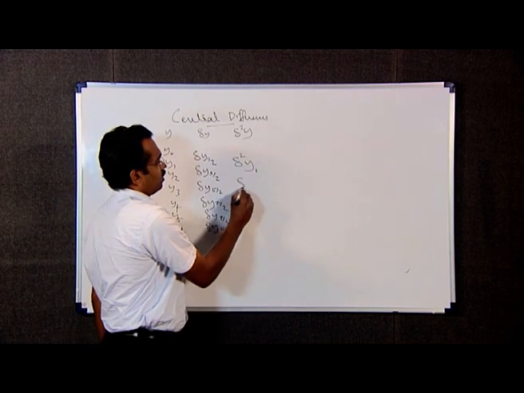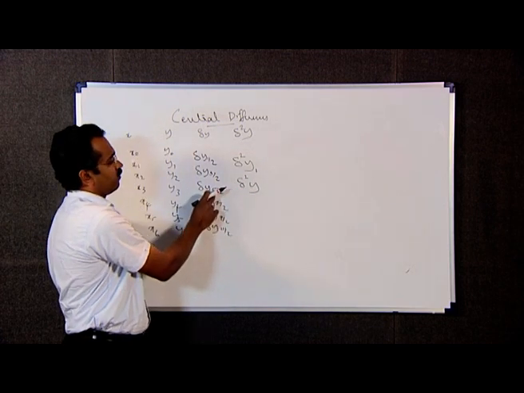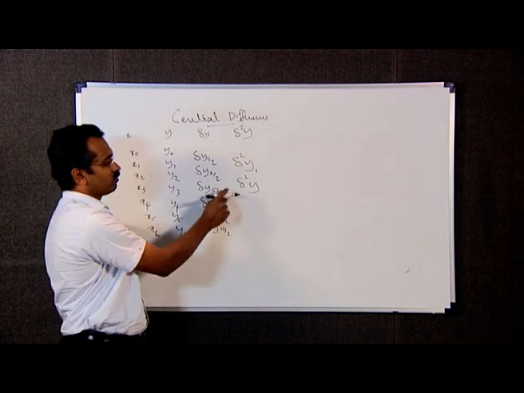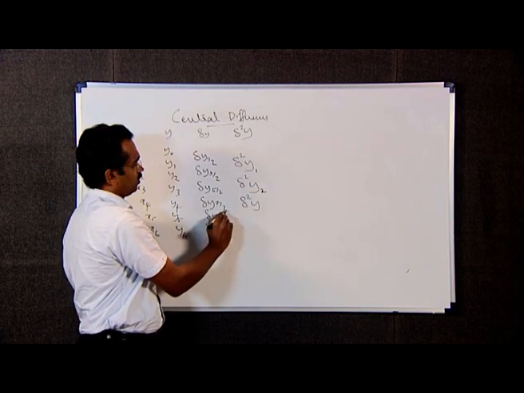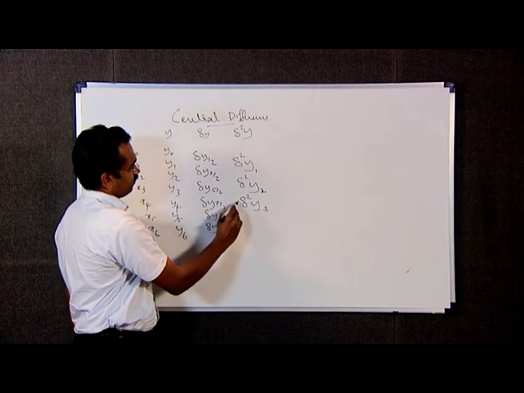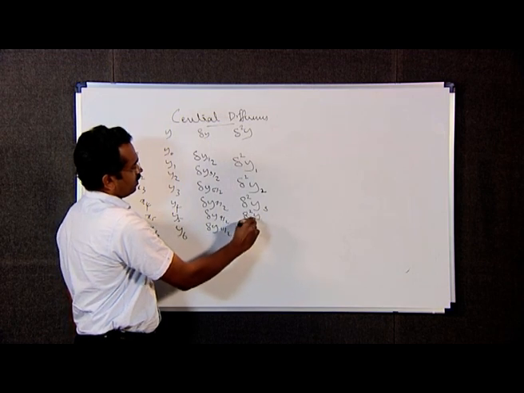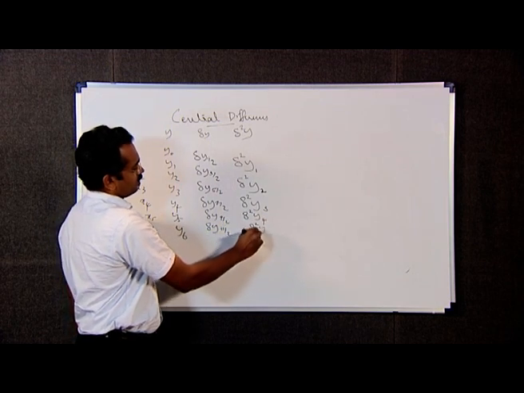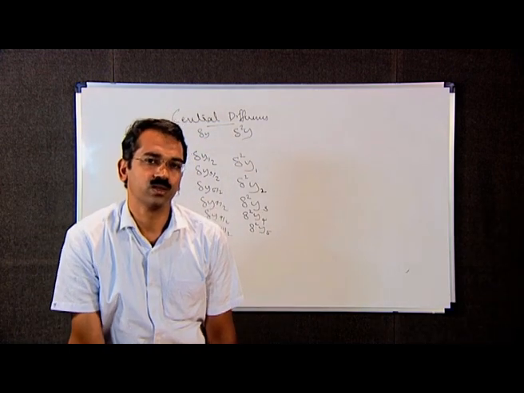Here delta square y 2, delta square y 3, delta square y 4 and delta square y 5, taking the averages.